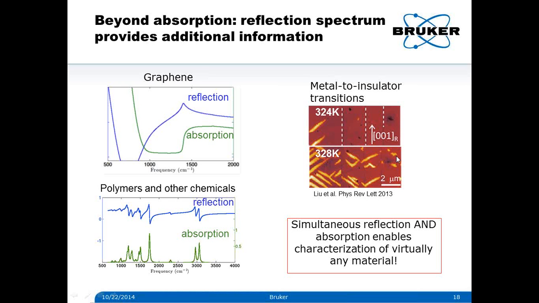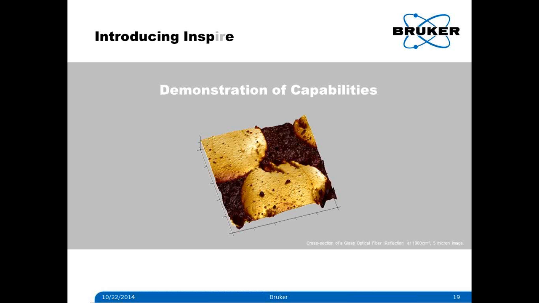But here you are not interested so much in the resonances of your system. You just want to see a reflection change. You want to distinguish metallic domains compared to low reflective insulating domains, and this you can easily do. So both reflection and absorption are important, and both together that you get with the Inspire system enable you to characterize virtually any material.